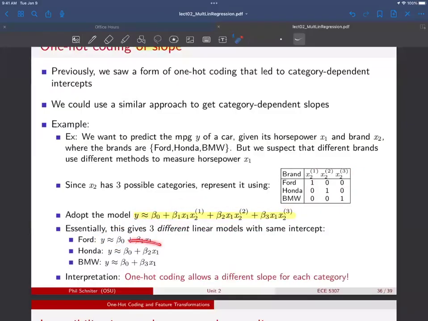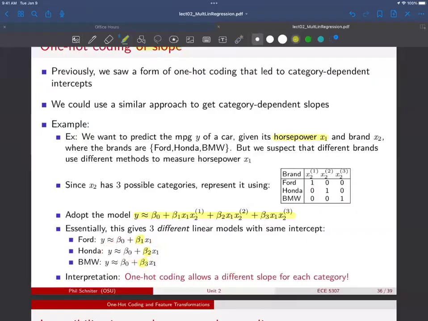What happens with all the Honda samples? They all look like this. And notice that the Ford samples all have beta 1 for the slope coefficient. The Hondas all have a beta 2. And the BMWs all have beta 3. And this might make sense if you say, I think Ford has this particular definition of horsepower where they measure horsepower a little bit differently than Honda does.